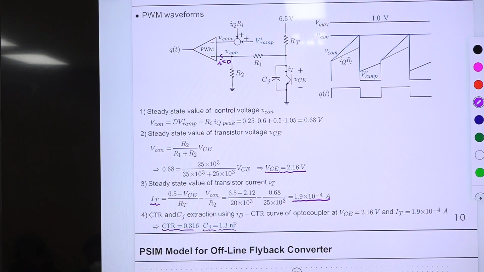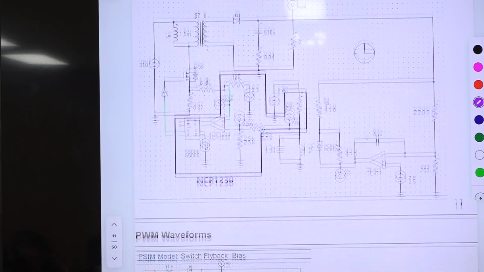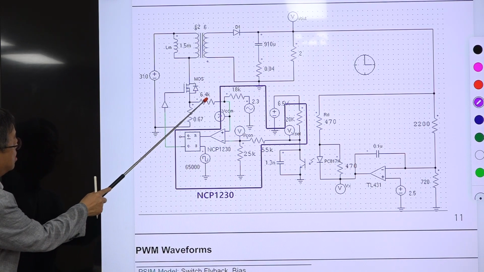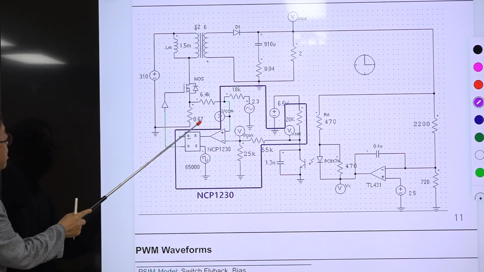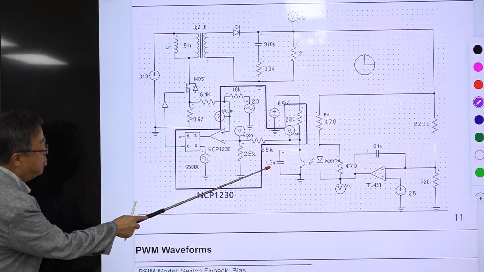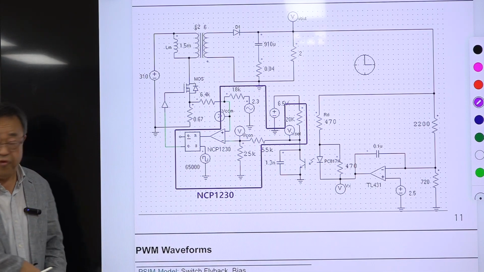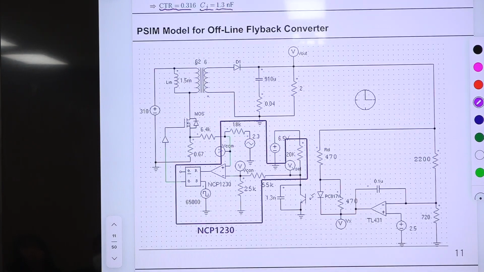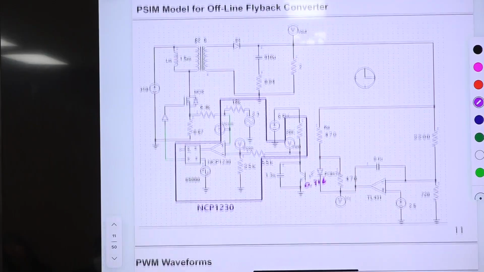Then this is the PSIM program. So we determined this, and everything is known, and this is 1.3 nanofarad, and CTR was 0.316, is that correct? Right.